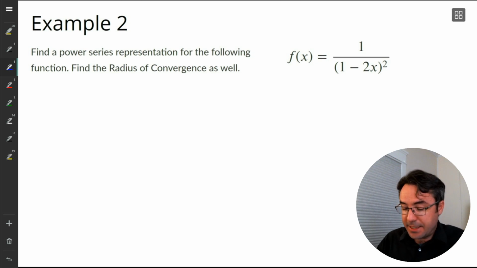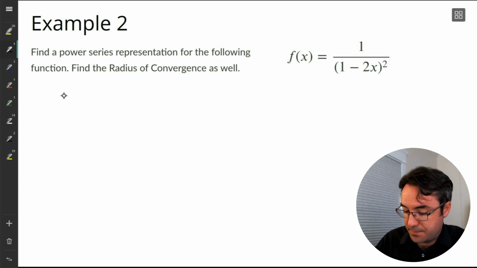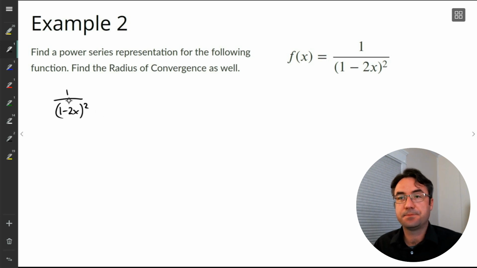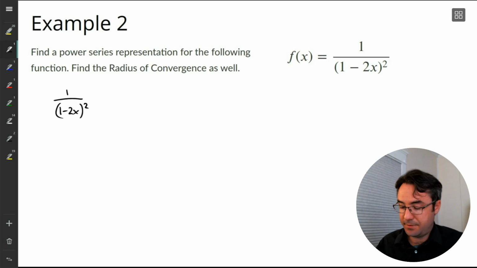The idea here is we start with our function, and we can see it looks like that prototype, 1 over 1 minus x. The only difference here is this squared.